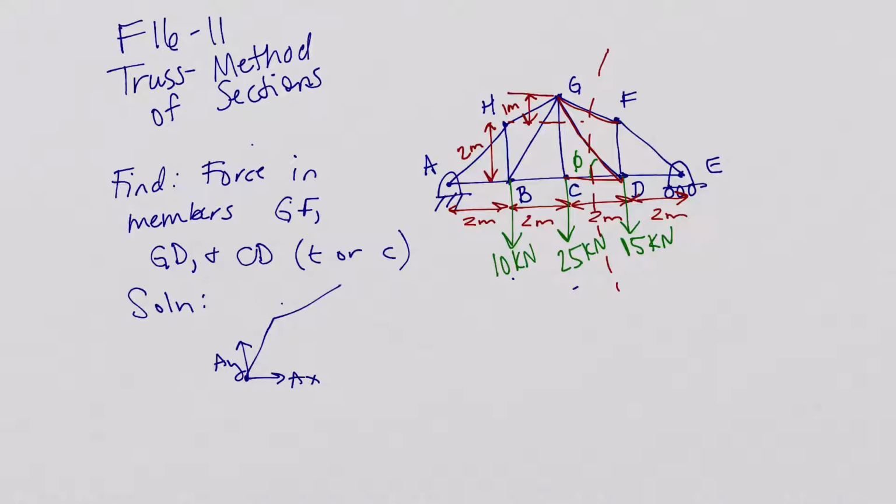Then we have the whole truss system. And then at E, we're just going to have the EY because we have those rollers. And then we have those forces, so 10 kilonewtons, 25 kilonewtons, and 15 kilonewtons. And those are each 2 meters apart.